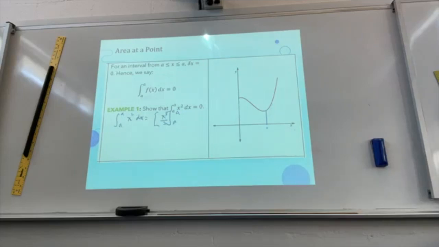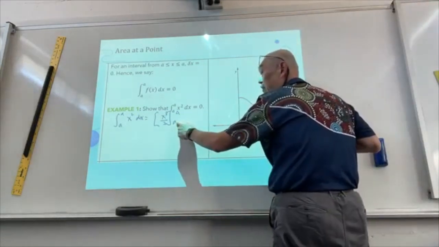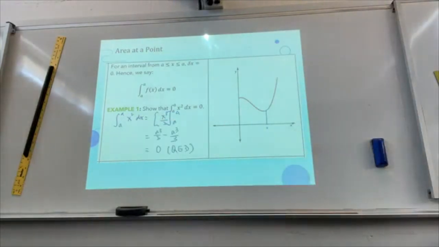And you're integrating from a to a, so you get a cubed over 3, take away a cubed over 3, which will give you 0. So the first one is the zero property: area at a point is 0.